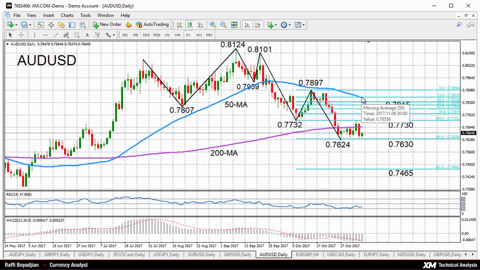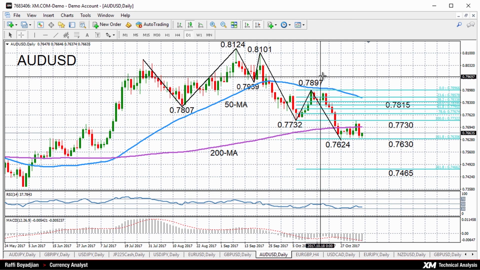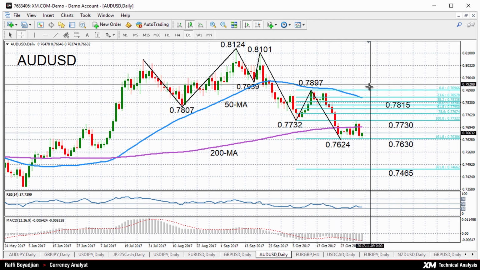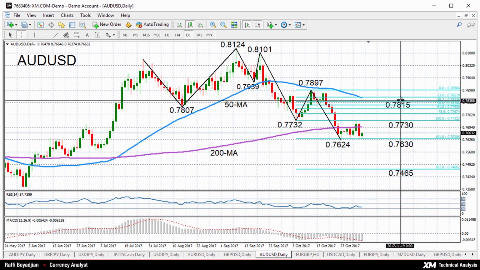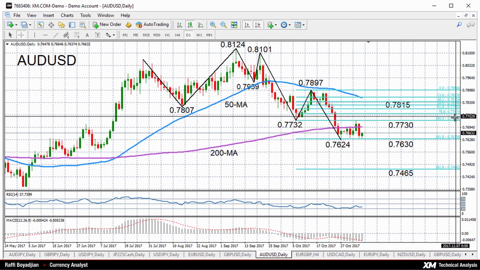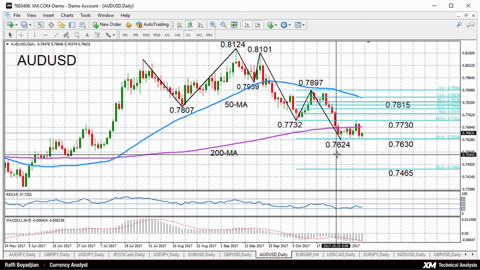Then we've got the 50-day moving average at the 23.6% Fibonacci at 0.7857, and then that peak just below 0.79 in mid-October. A break above 0.79 would definitely help shift the outlook to a more bullish one. At the moment, though, it is looking rather bearish for Aussie dollar.